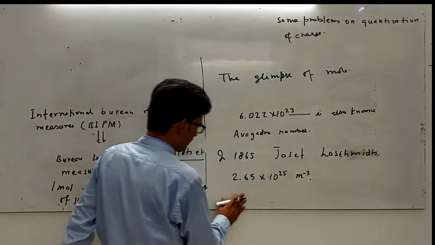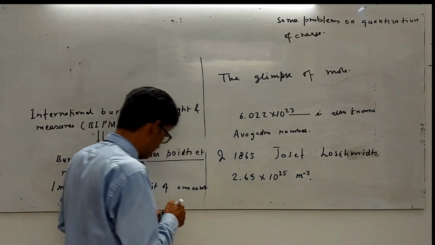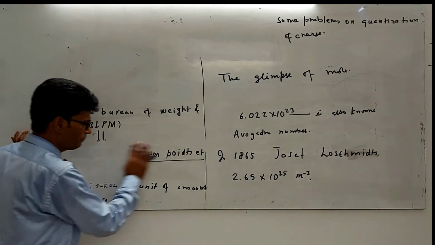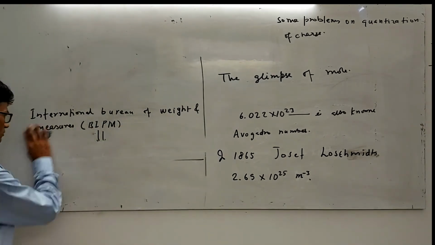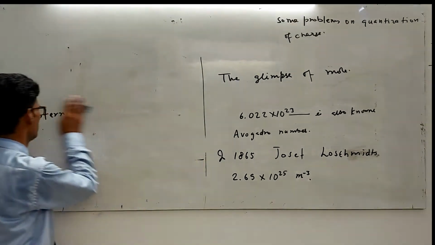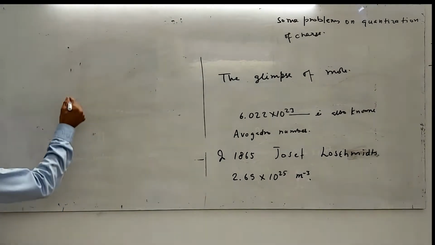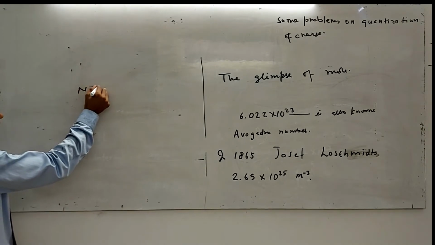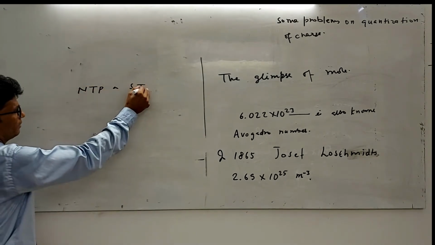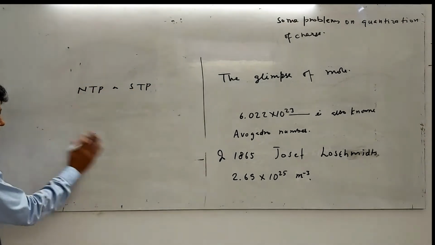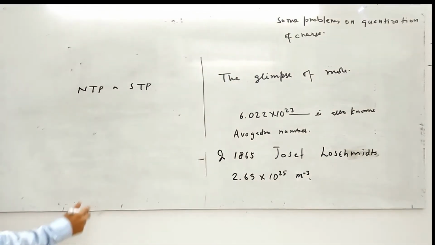So this is the story regarding that STP. Now here is one twist also. Most people, not all of them, understand NTP and STP as the same thing, and in solving problems they take them as the same, but it is not so.